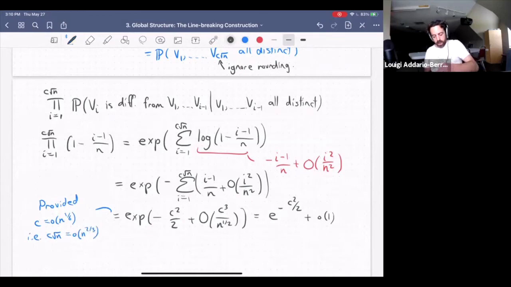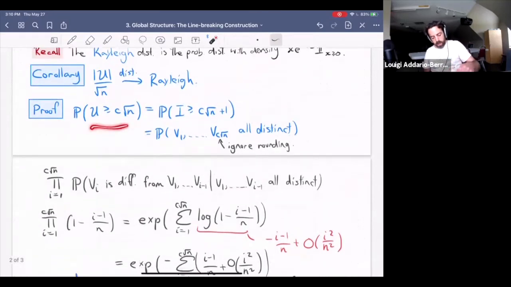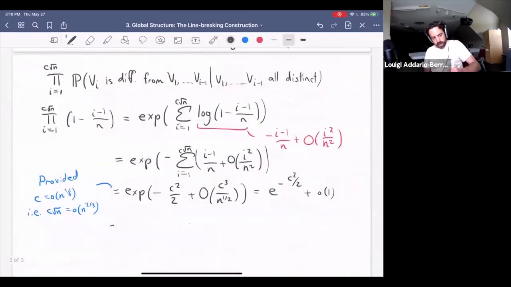Okay, and now the point is that we have this asymptotic for the probability U is at least c root n, and the answer we got we can rewrite as the integral from c to infinity of x e to the minus x squared on 2 dx plus little o of 1.